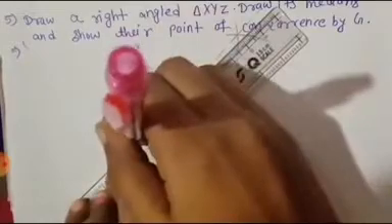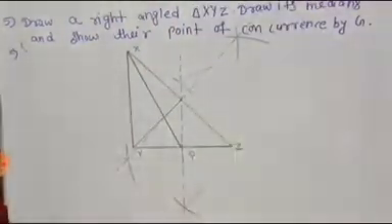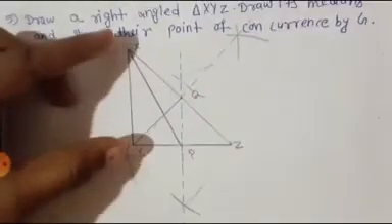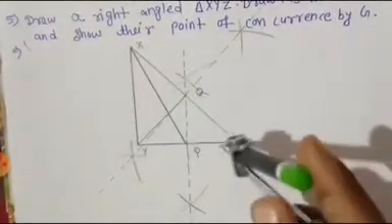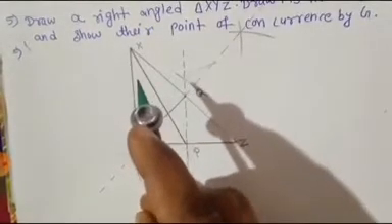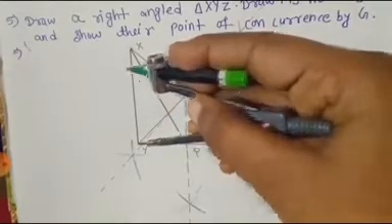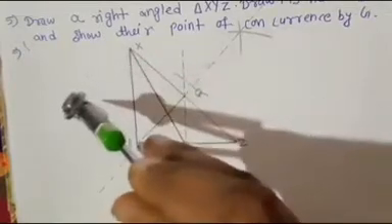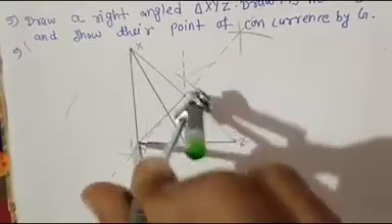This is the second median. Now similarly we can draw the third median. Take more than half of XY. One time put on Y and draw the upper arc and lower arc, and another time put on X and draw the upper arc and lower arc. Like this.